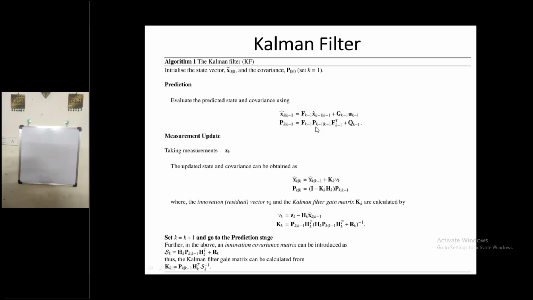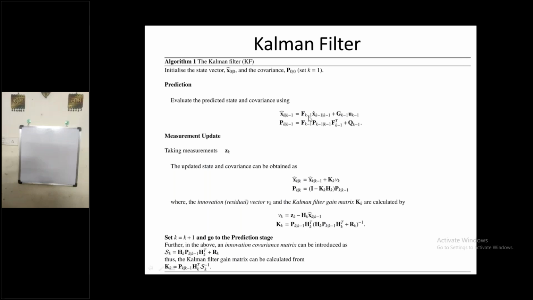Similarly, this will become P of 0 at 0. Since we assume that we know the initial condition, we substitute that initial condition here. You assume that control and estimation are separate. The control part is coming from the control area, so you can leave this one. So this F k minus 1 is known.